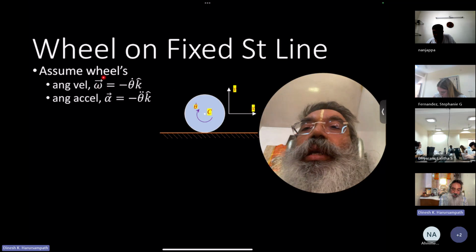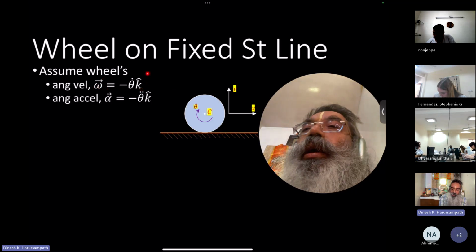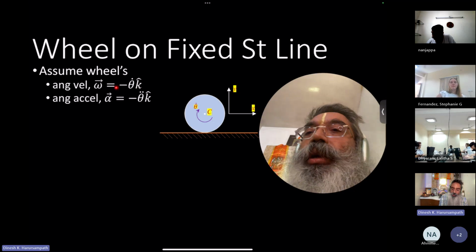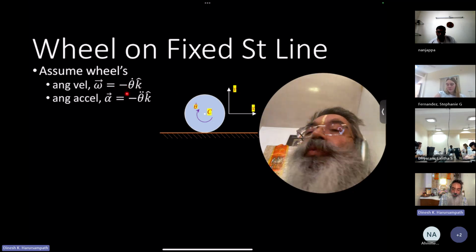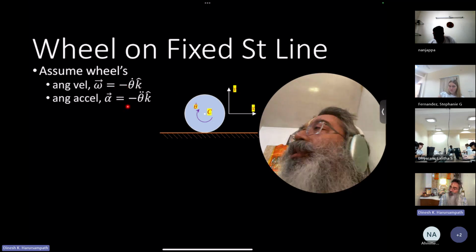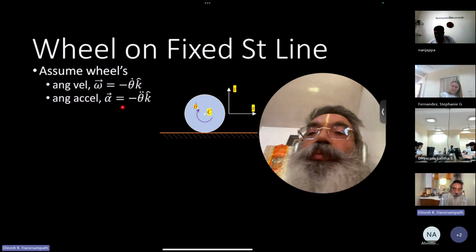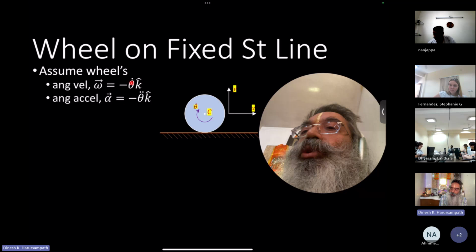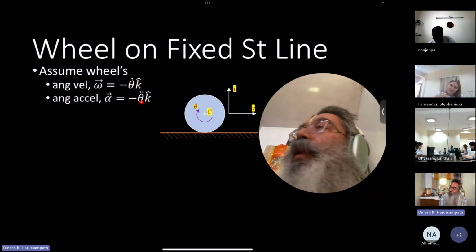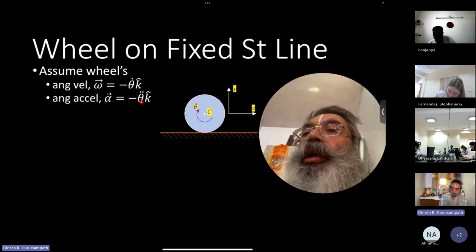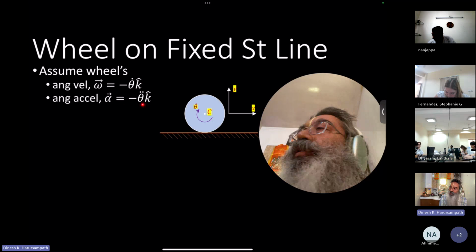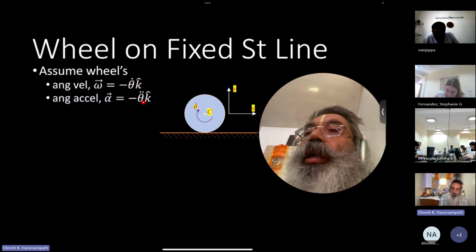Therefore, I can treat the angular velocity as being along the k hat direction, and because I'm showing it in the clockwise direction, I have a negative sign in both the angular velocity and the angular acceleration, because they are along minus k hat. The magnitudes become theta dot and theta double dot, because only one rotation is involved, and we are looking at the time derivative of the scalar quantity.